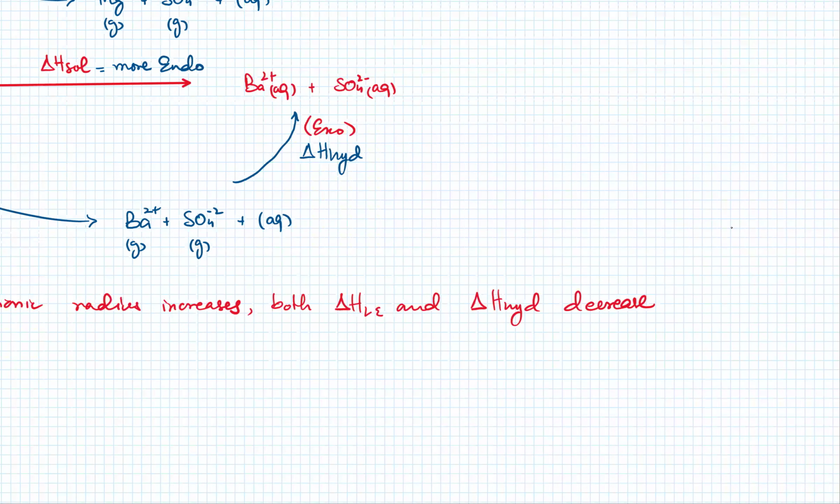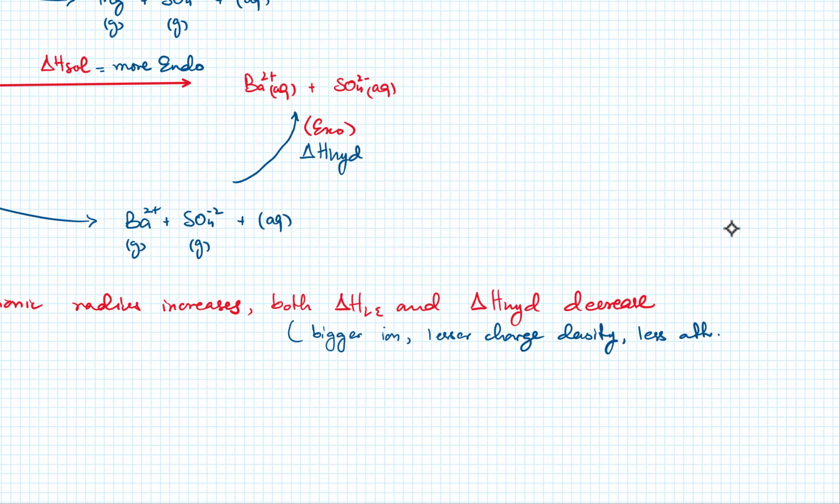Because I've told you that bigger ions form weaker bonds. The bigger the ion, the distance between the ions is going to increase and there's going to be less attraction. Bigger ions are going to be more shielded as well. The charge density is going to be lesser. Bigger ions have lesser charge density, so that would lead to less attraction.